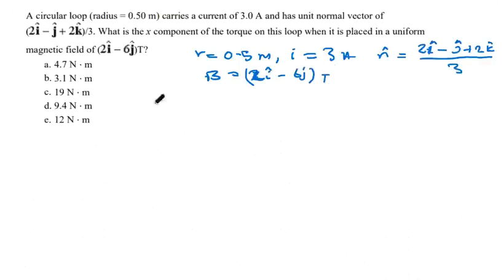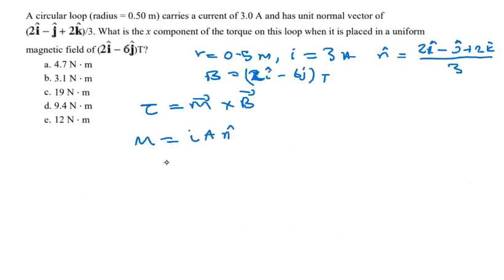Okay, we know that the torque, tau, is equal to M cross B, and M is the magnetic moment. M is given by I A n-hat.